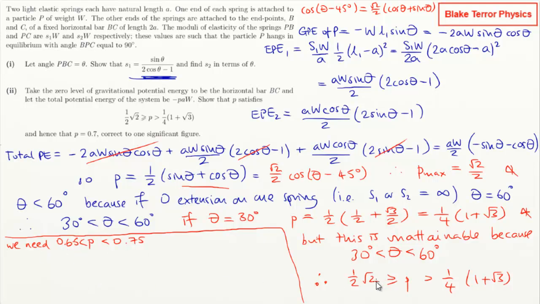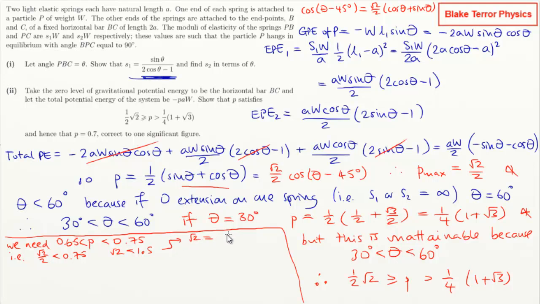So for the root 2 bit, we need to show that root 2 over 2 is less than 0.75. So root 2 is less than 1.5. That's what we need to show, and that's going to be pretty easy. I'm going to squeeze this in a bit because I haven't got much screen space.